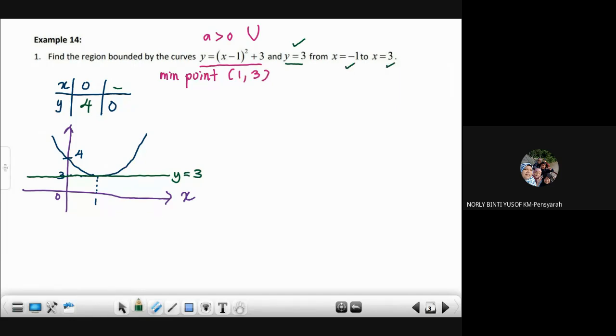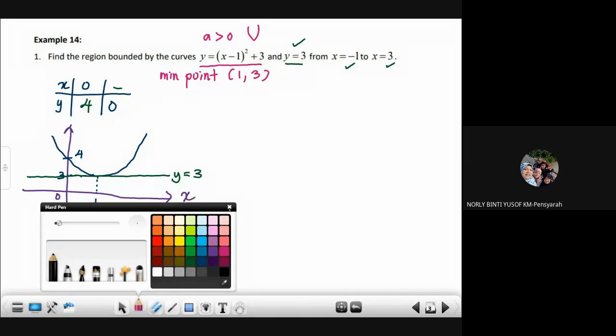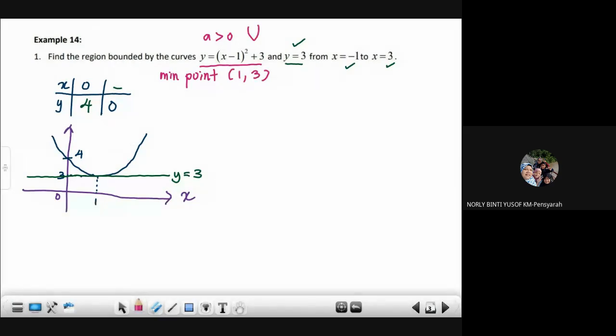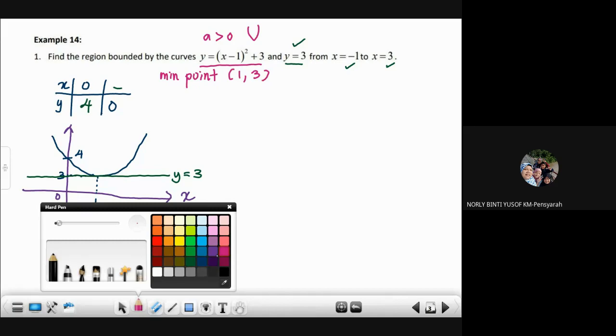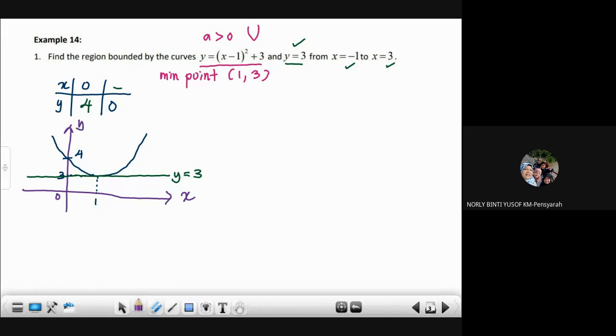So sama garis berdiri iaitu garis x that is parallel. So x negative 1, x 3. So x negative 1 kat sini lah. Ni x negative 1. X 3, so dekat sini. X 3.